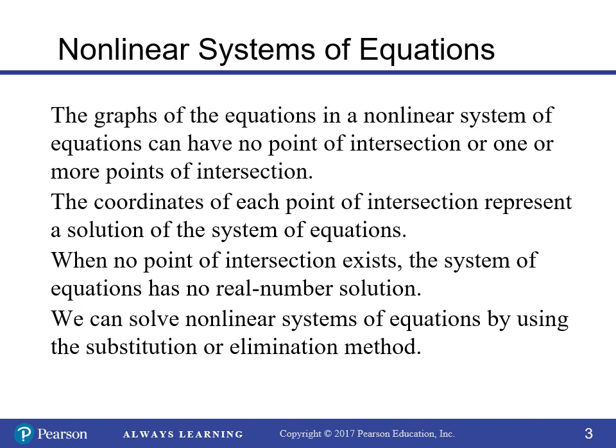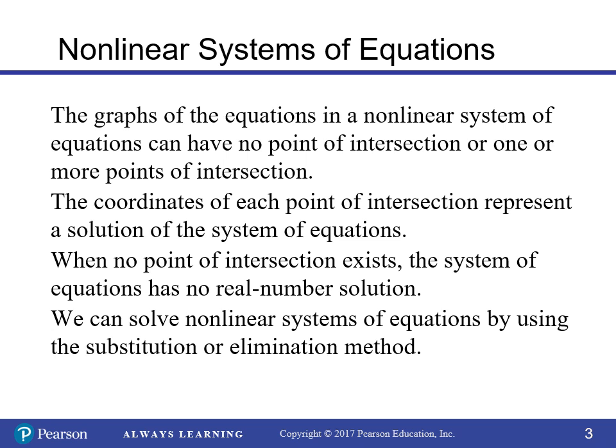So, nonlinear systems of equations. The graphs of equations in a nonlinear system of equations can have no point of intersection or one or more points of intersection, depending on what kind of graphs they are. The coordinates of each point of intersection represent a solution of the system of equations.